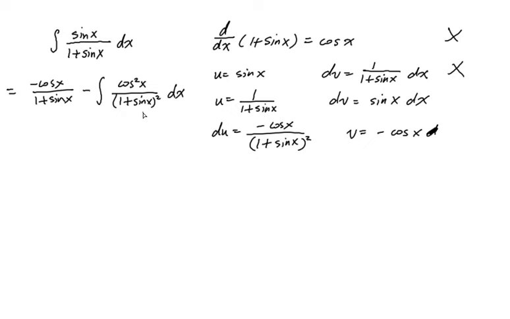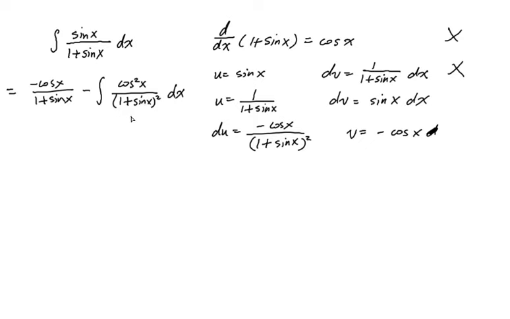So it seems to look a little better, but not really, because the denominator kind of got worse. Now it's squared, and the numerator is cosine x, and if you try to differentiate the denominator, we need a cosine x here. So cosine squared x is actually too much.